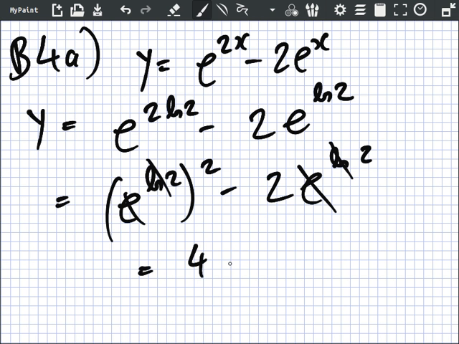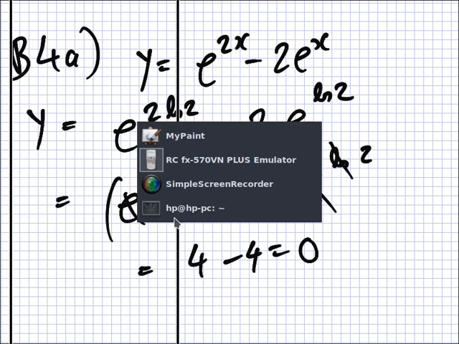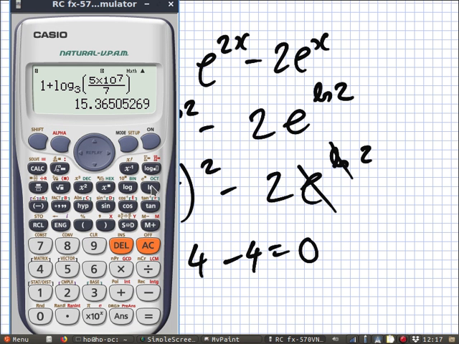That's 4 minus 4, which is 0. Let's just check on the calculator. Yeah, 0.